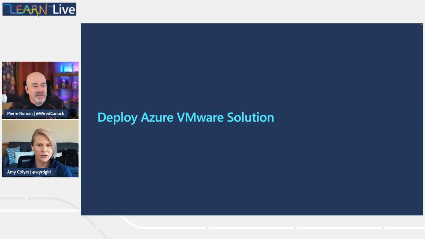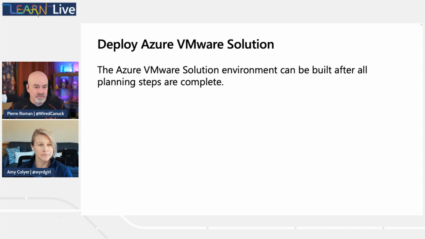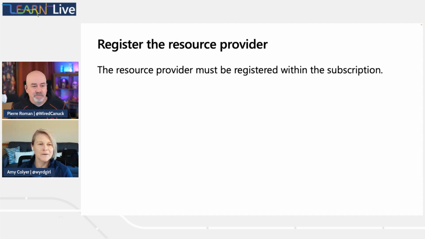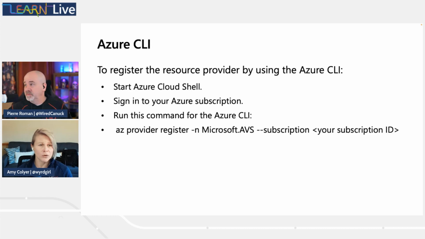And are you showing or am I showing the deployment? You are. Okay, I'm happy to. So after we've done all that planning, we're ready to deploy. So we register the resource provider, and there are multiple ways, like Pierre had mentioned. There's Azure CLI, PowerShell. You can even do it in the portal.